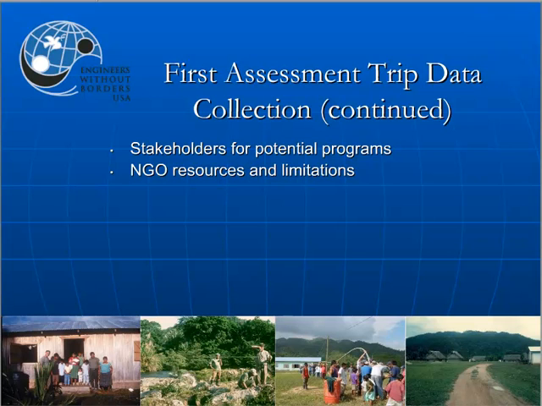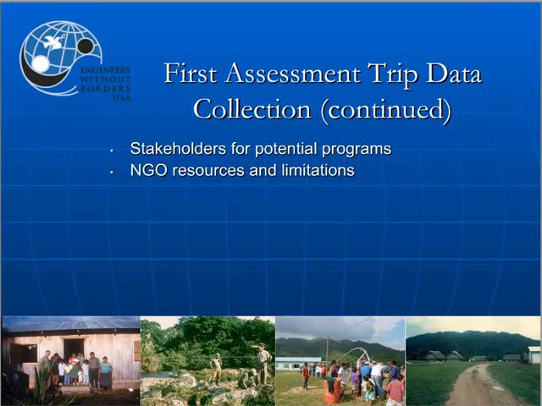So, one of the potential flaws in the EWB USA model is that chapters are just in the community for a short period, say once a year or twice a year. The way we make up for that is to have a local resource like an NGO that provides the continuity on site that the chapter may not be able to provide.